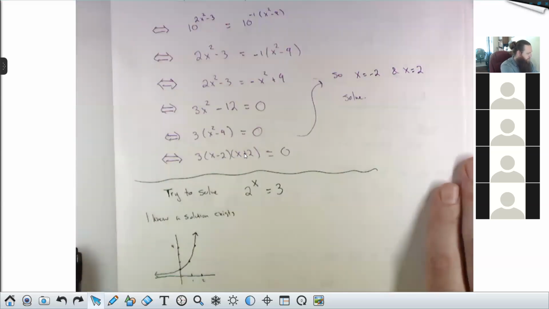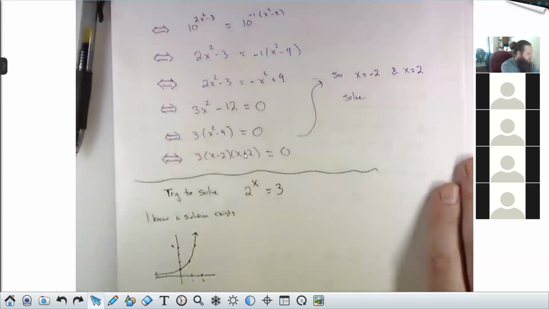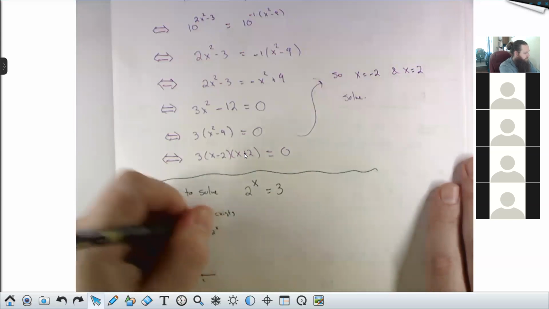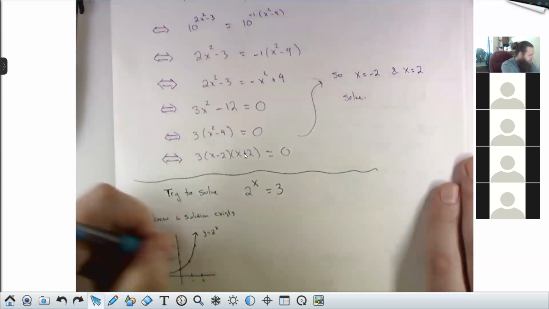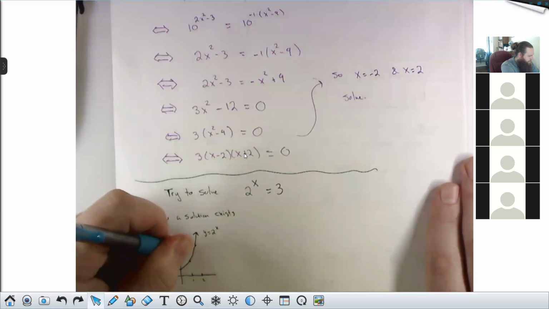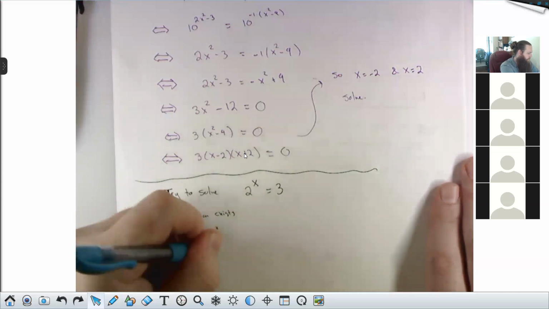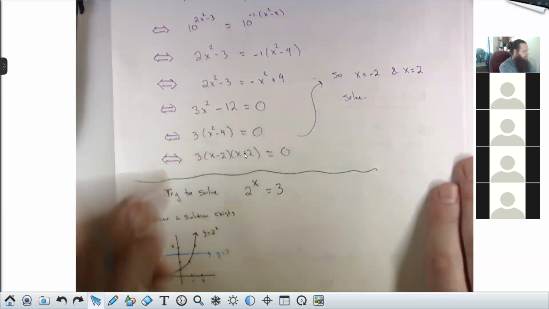And the line y equals 3. So sorry, in black here, this is the graph y equals 2 to the x. And then in blue, here is the line y equals 3. Right, it's a constant function. Its graph is a horizontal line.